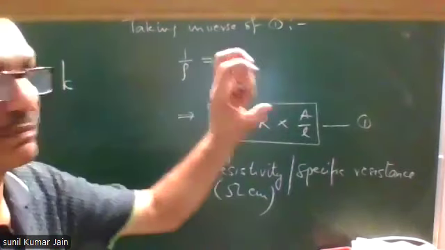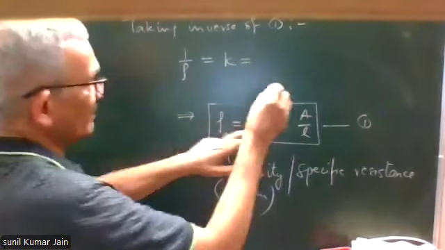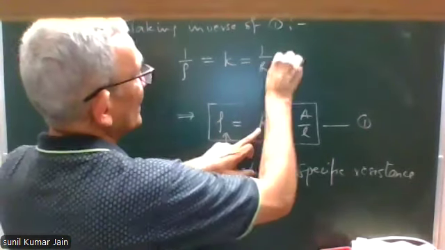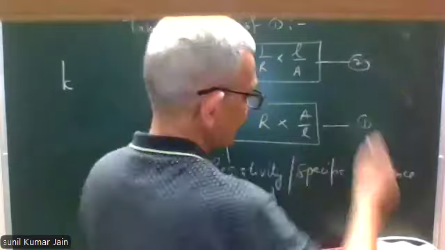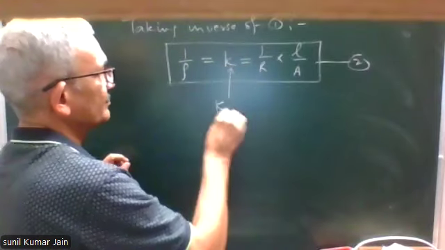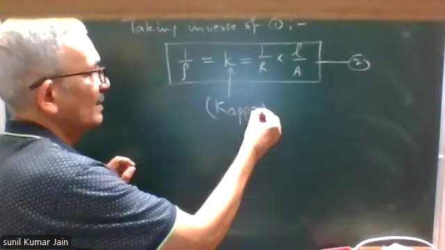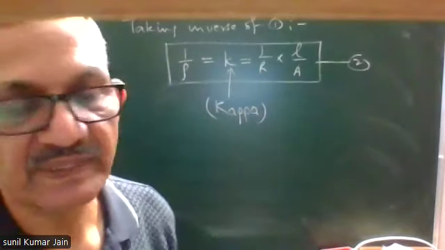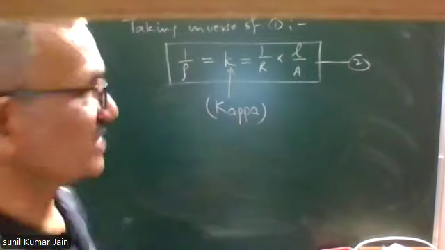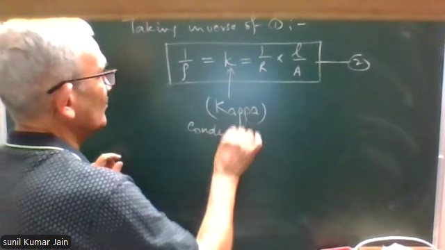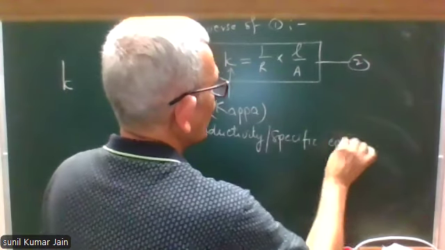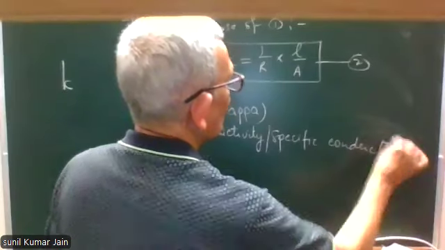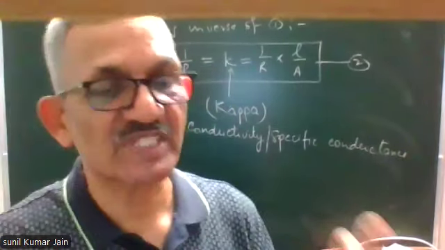This is equal to 1 by R into the inverse, which will be L by A. This kappa stands for conductivity or specific conductance.